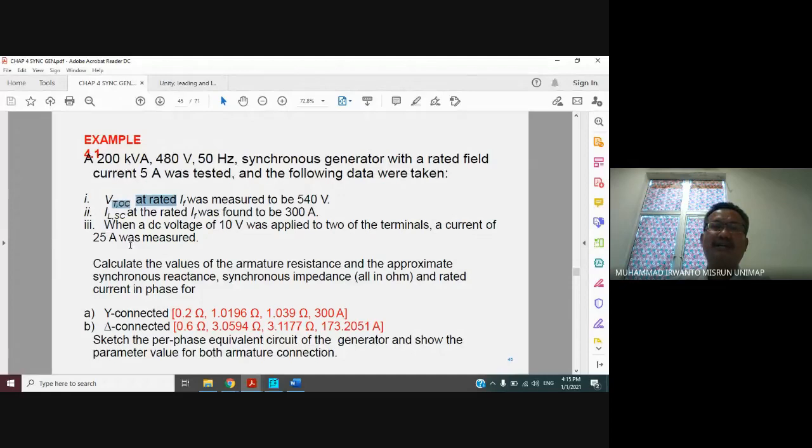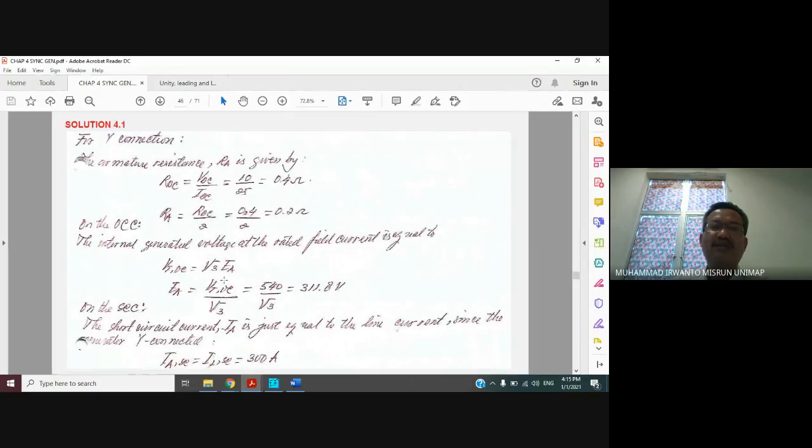So if we measure line to line 540, and we want to find the value of phase, because it is per phase, the per phase voltage is equal to the terminal voltage for the line divided by square root of 3.